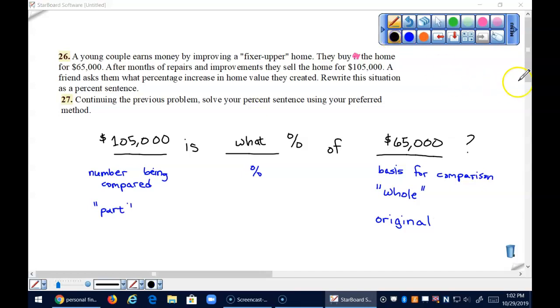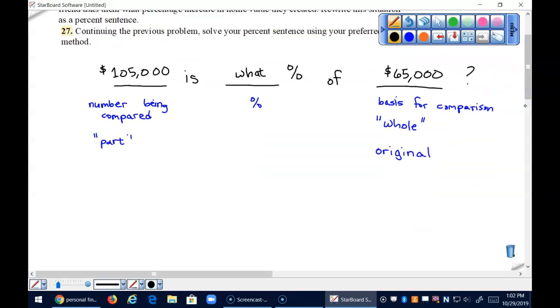Okay, then let's actually do it. So I'll just translate, because that's easiest for me with what's on the board already. Is becomes equals, what becomes y, of becomes times. I have something stuck on with times, so I need to divide.